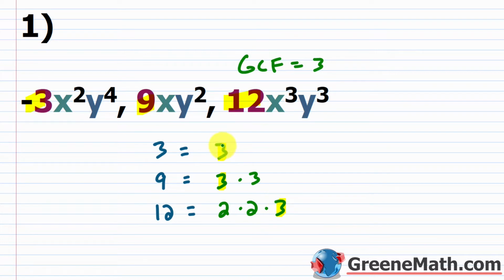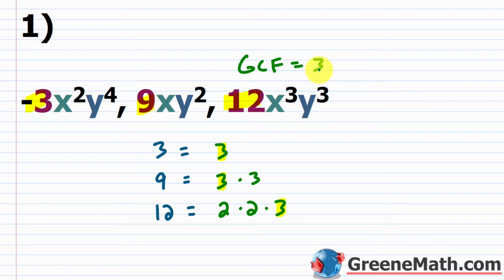I have 1 here, 2 here, and 1 here. The smallest number of repeats is 1. So that's why I'm only putting 1 of these in when I build the GCF. The prime factor of 2 occurs twice here, but it doesn't occur here or here. It's got to be common to everything for it to go in. So the greatest common factor here would be 3.